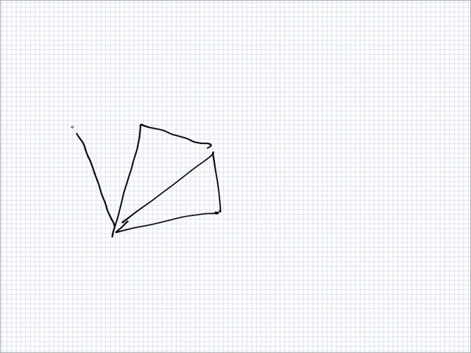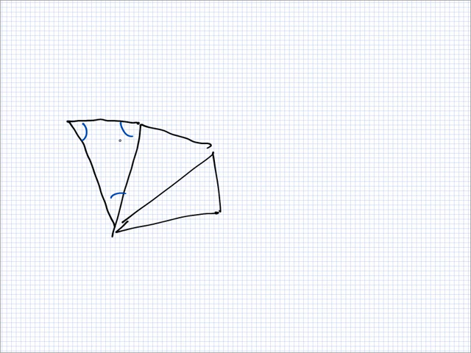Right, so we have 3 triangles. One here, one here, and one here. The last one, we know that these angles are all the same, so they're all 60.